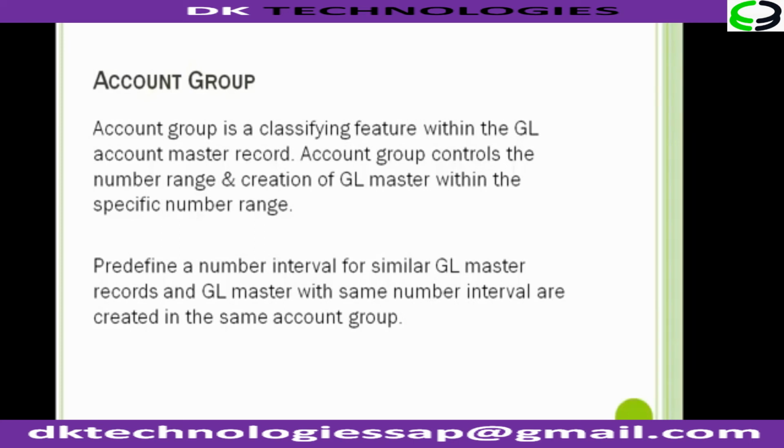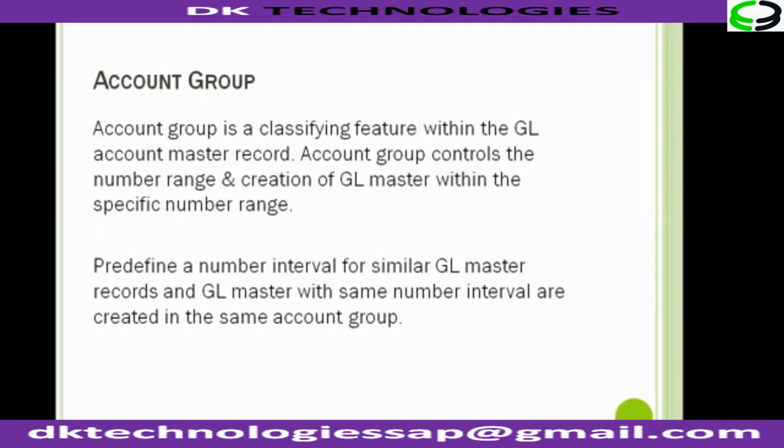In the practical world, if you go to any other accounting software, there is a huge list of ledger accounts, and you may want to group them on different parameters, like you want to group the cash ledger as a group, bank ledger as a different group, customer or vendor as a different group, asset as a different group, liability as a different group, revenue and expenses as a different group.